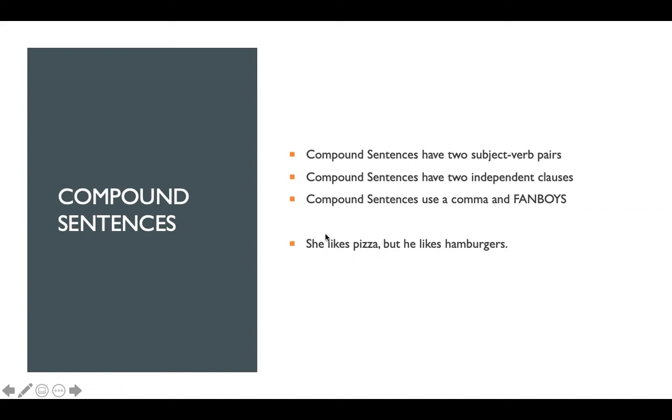She likes pizza. That's one independent clause. Now we have a new independent clause. Subject, he, verb, likes, and what he likes, hamburgers. A complete thought here. And notice in between the two complete thoughts, we have a comma and a FANBOYS. We will learn more about compound sentences in the next video.